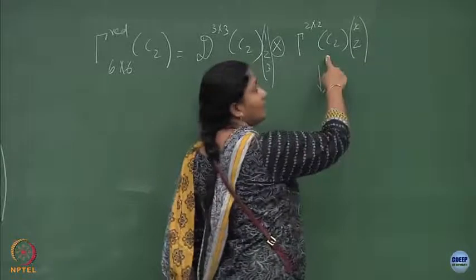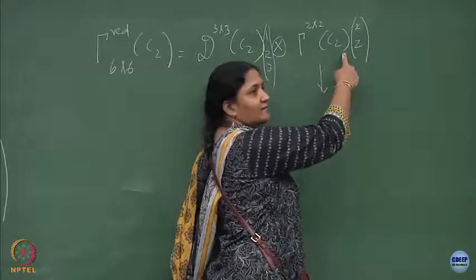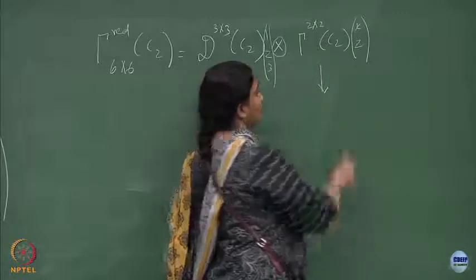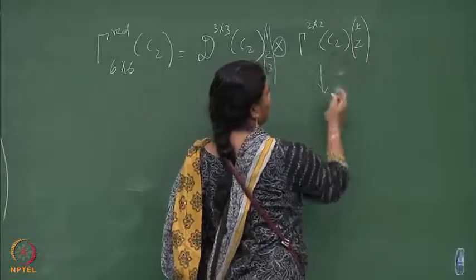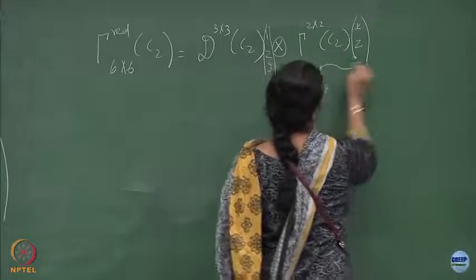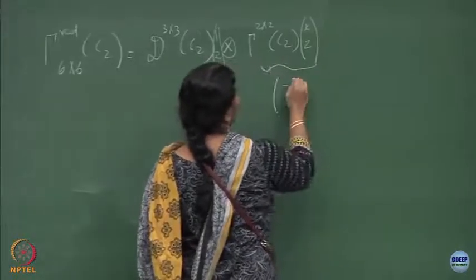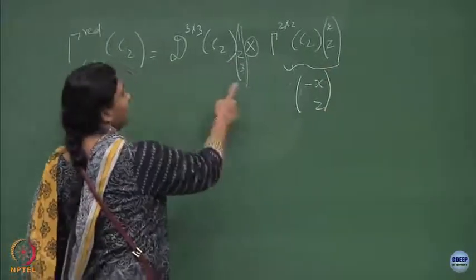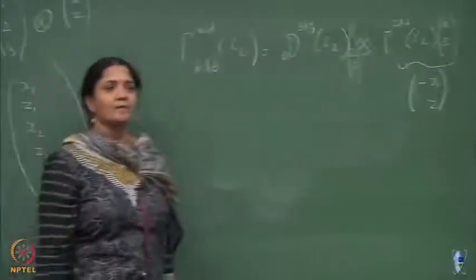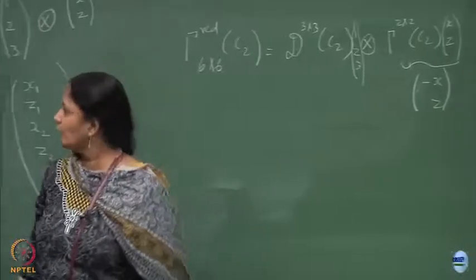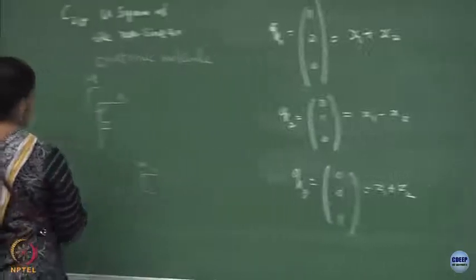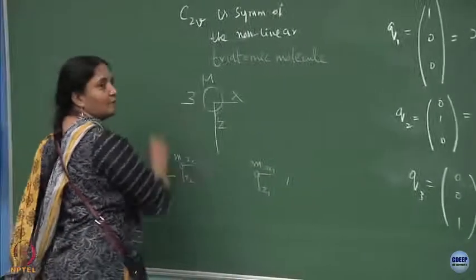This is rotation by 180 degrees about the Z axis. So this thing will give you minus X and Z. What about this? So let me also call what are the atoms. This is atom 1, atom 2 and atom 3.